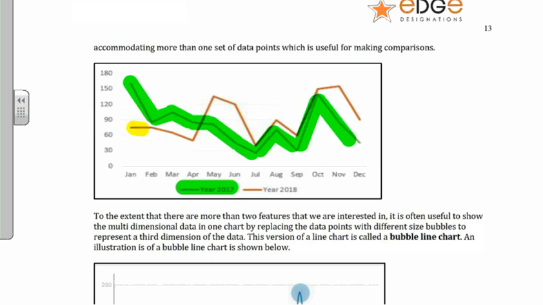You can say, oh, the year started off a little bit lower. April kicked in nicely. We started to dip a little bit, picked up nicely again in October, and ended off the year a little bit higher than the previous year. It's a nice way of doing a comparison.